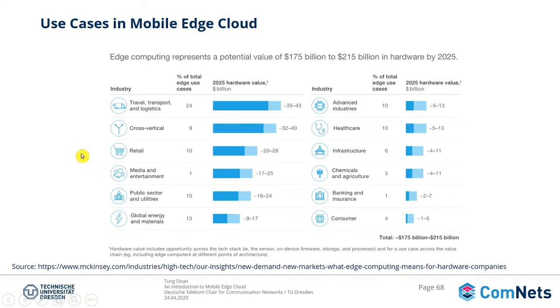So MEC also showed a significant impact on other use cases, such as advanced industry and healthcare. So in total, there's around 175 to 215 billion for the use cases in MEC.